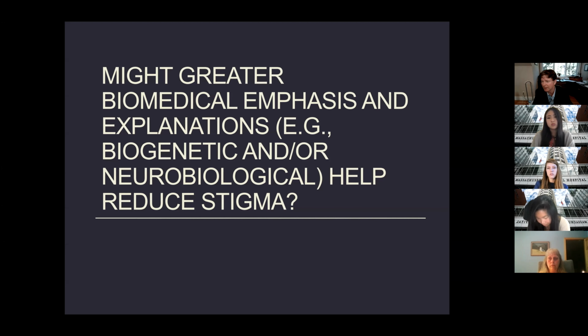So if we were to emphasize all of this and say, look, yes, this is a brain disease, this is genetic, what happens? Would we reduce stigma across the board? Well, that was the hope. That's the hope of federal agencies and different people, and in different treatment settings we often emphasize these aspects, as I'm doing today.